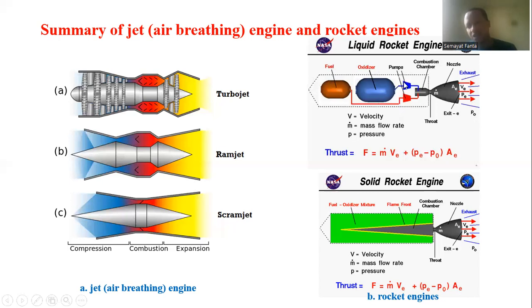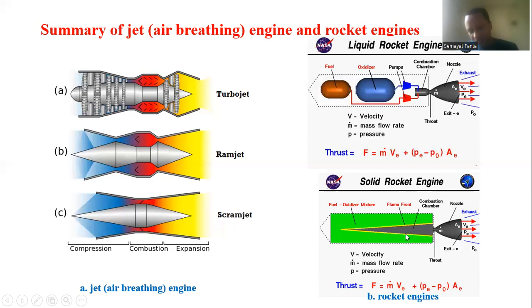The fuel and oxidizer pumps are required, which send them to the combustion chamber. And then once the combustion chamber is filled with hot gas, it will accelerate through the throat, and then the hot gases are accelerated through the exhaust nozzle at high speed. Okay, so this is the constructional feature of a liquid rocket engine.